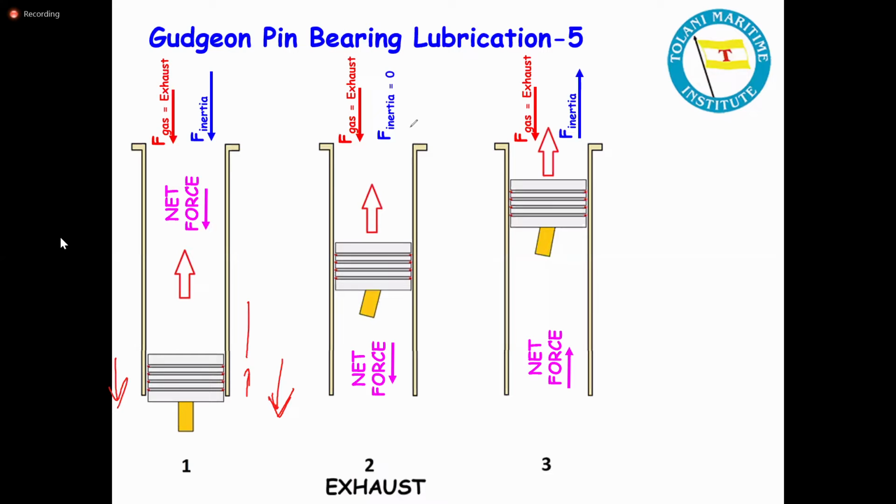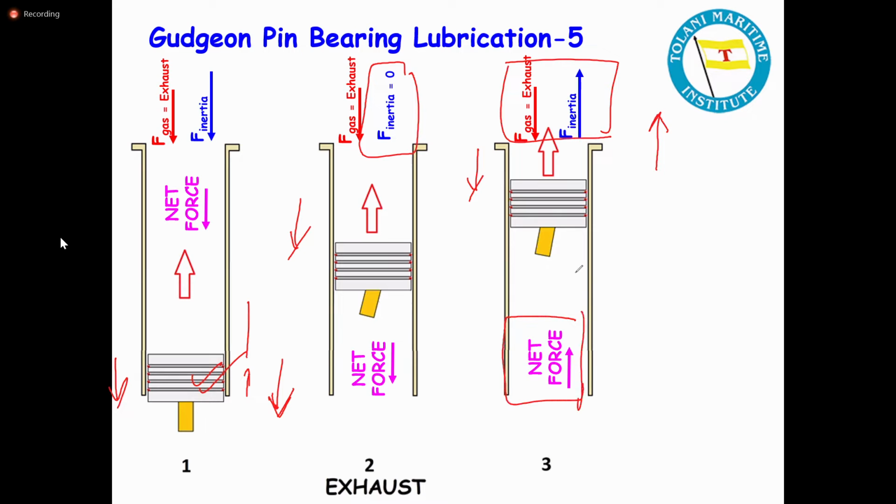But in the middle of the stroke, the inertia forces become zero. The gas forces are still acting downwards, but they are very small in magnitude. At the end of the stroke, the inertia forces start acting upward, and the gas forces are downwards, so they are trying to cancel out each other, more or less. Though I have mentioned the net force is in an upward direction, the net force may be close to zero.